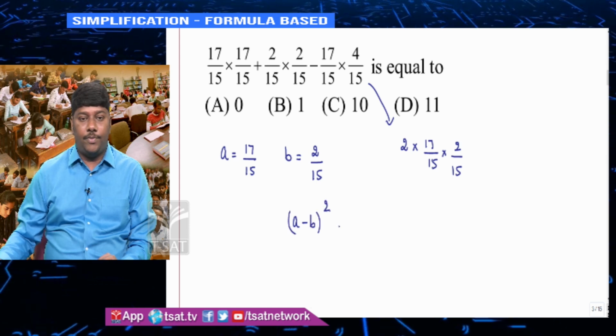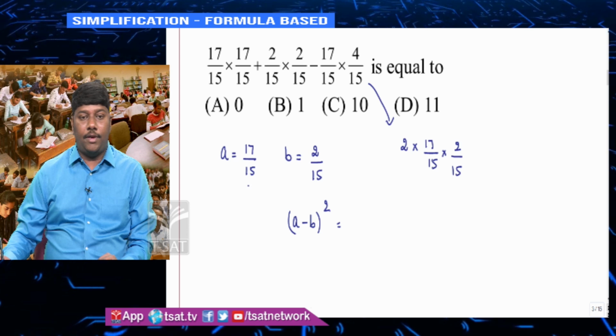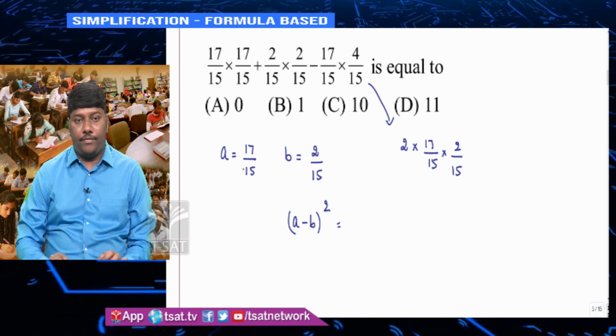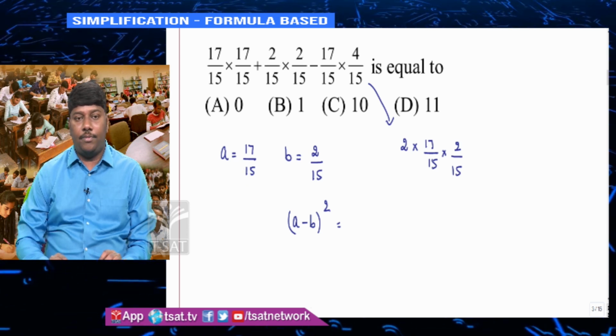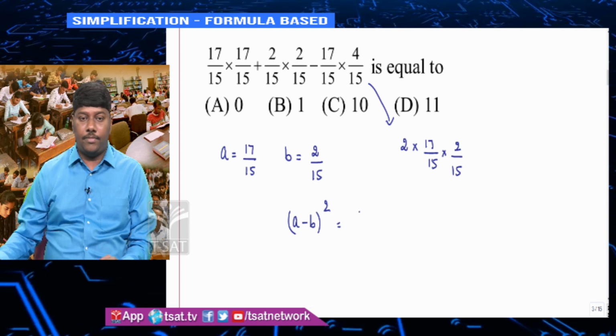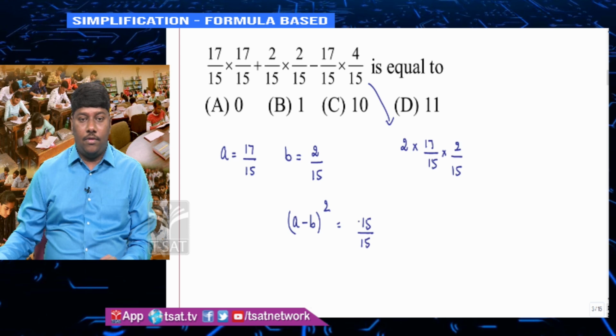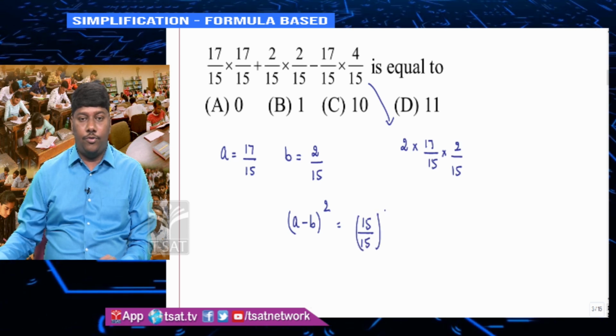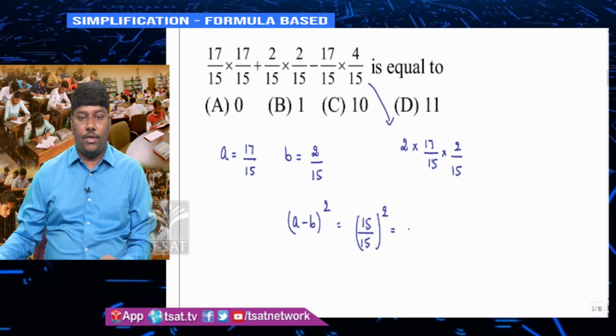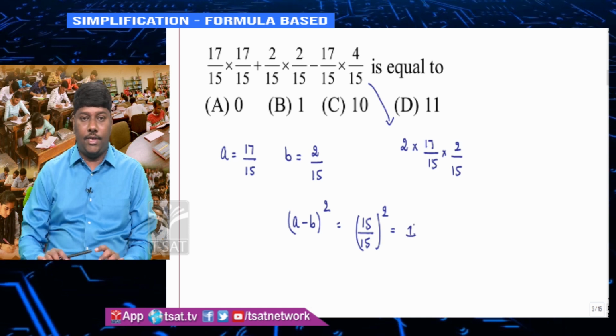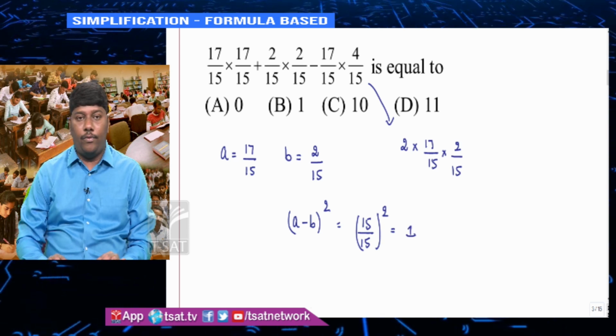But what is a minus b? 17 by 15 minus 2 by 15 becomes 15 by 15. So what is 15 by 15? It's 1. If you do the square or cube of 1, it remains 1. So the answer for this question is simply 1.